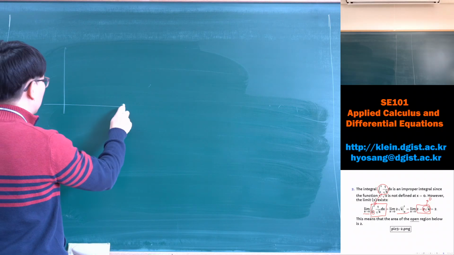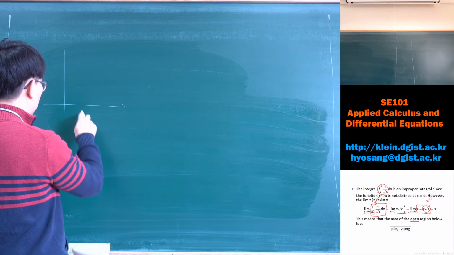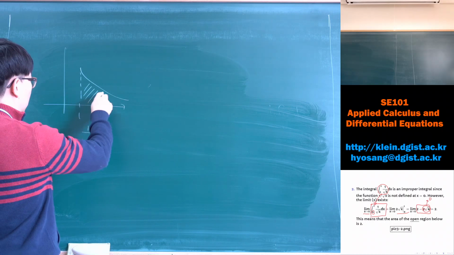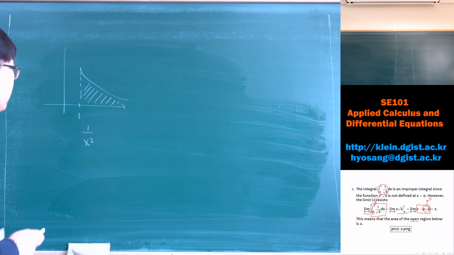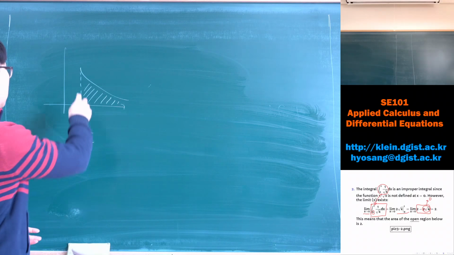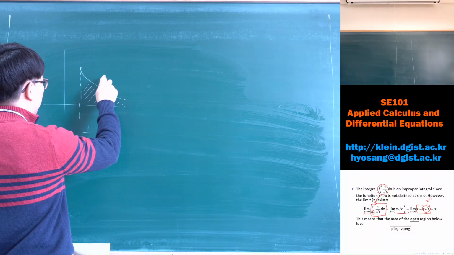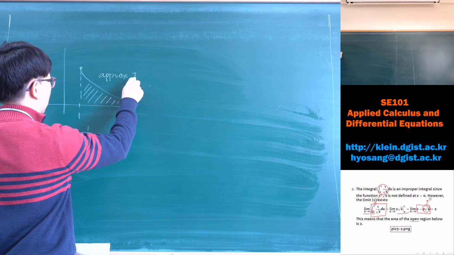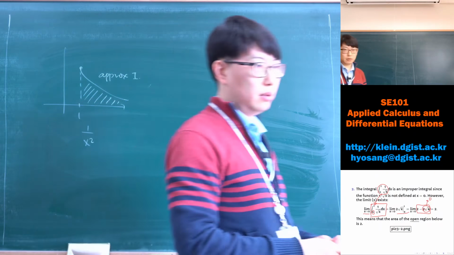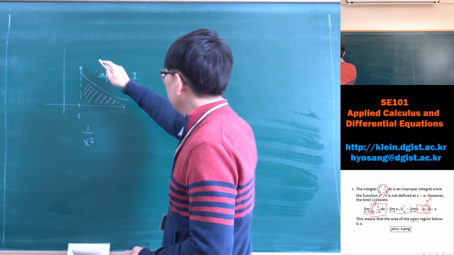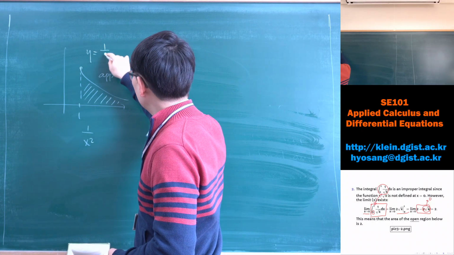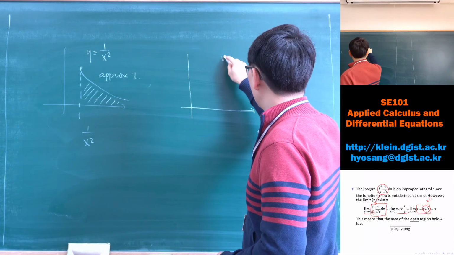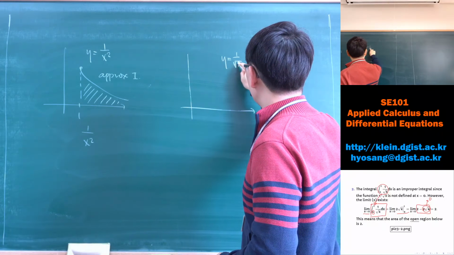so this one is for 1 over x squared, from 1 to infinity, where you have an unbounded region, but the area approaches 1. We had 1 here. So this is the graph of y equals 1 over x squared. And the other one is for y equals 1 over square root of x.